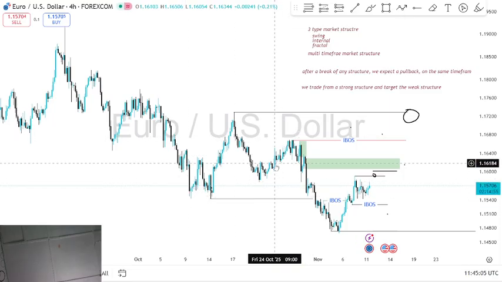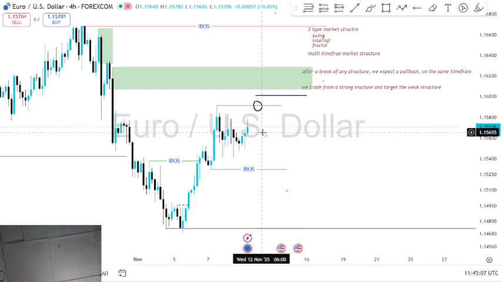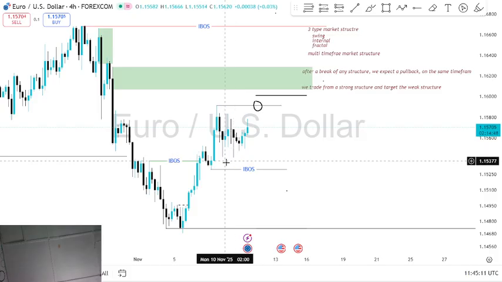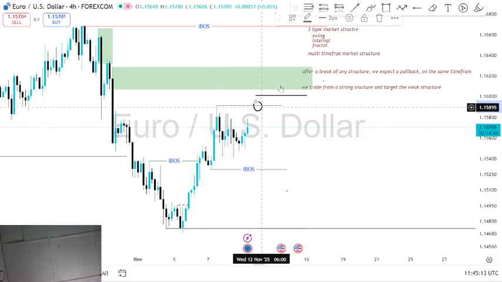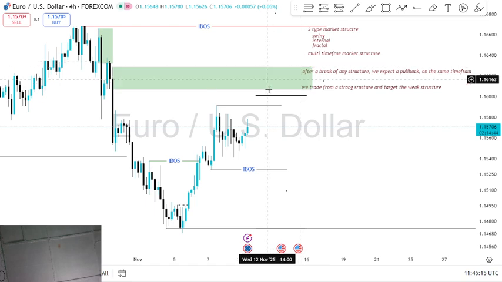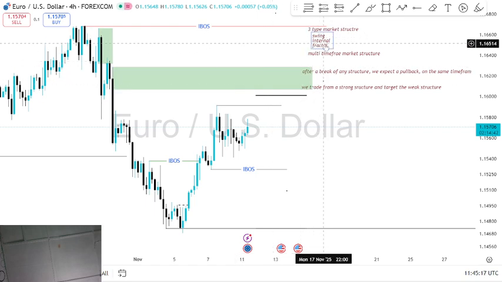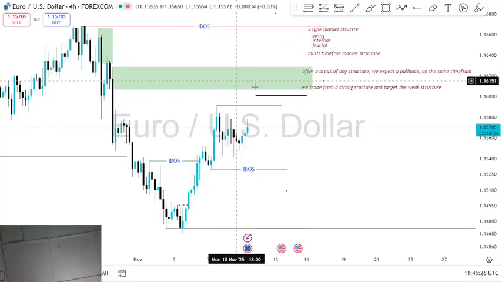Looking at what is happening here, let's review what you've already learned. Internal, swing, fractal. Swing is the king. Internal will switch trends to facilitate the swing pullback.